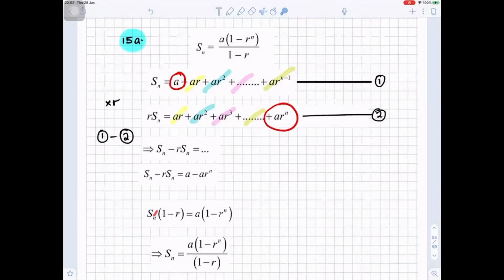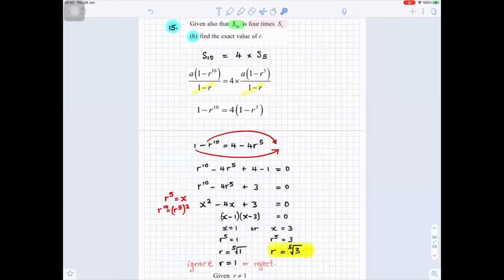Now you want to get Sn, which is times 1 minus r, so you divide by 1 minus r. Take that to the right, it becomes divide. So your Sn equals a bracket 1 minus r to the n over 1 minus r. So that is the formula. Quod erat demonstrandum, as required to show, QED.